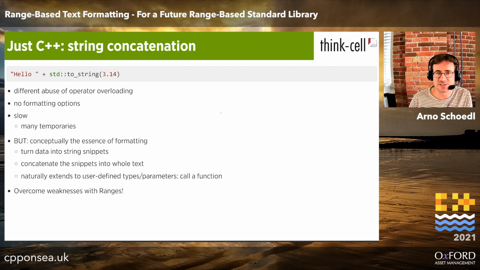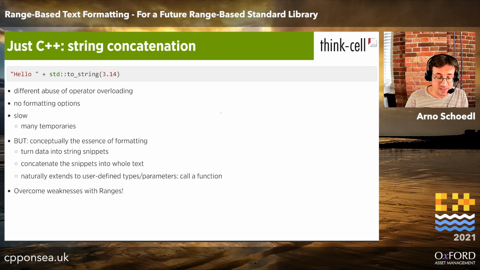So you turn your data type into a string, and then you concatenate these pieces of strings together. It very naturally extends to anything that's user defined. If you want to format something special, something where you want to control it, when you introduce a new type that is supposed to be turned into a string, you can simply call a function that returns a string. It's very natural, right? So you're just putting the string together with whatever means necessary, and then you return it.